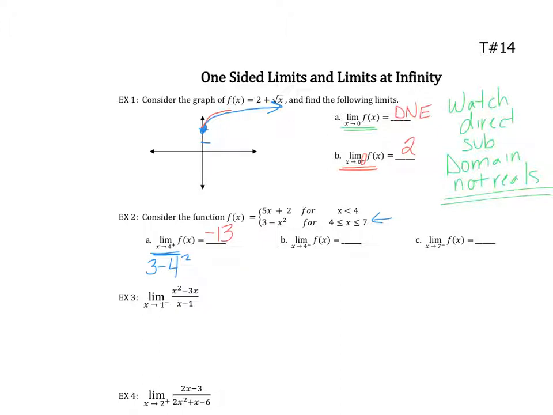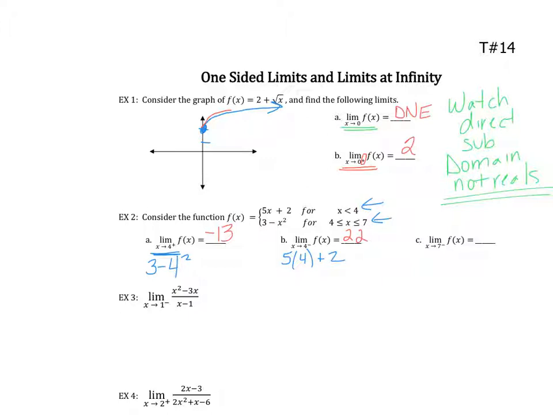In letter B, when it asks for the limit from the left, left is less than, so I would have to look at this equation, and you can plug that in your head. 5 times 4 plus 2, I would get a limit of 22. The overall limit, they didn't ask me, but of course that would be does not exist since the limits from the left and right are not the same. If they ask me the limit from the left of 7, that would be when x is less than 7.